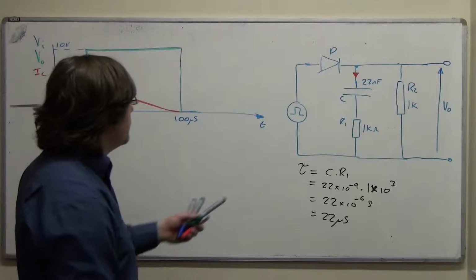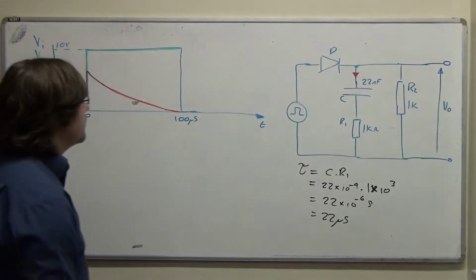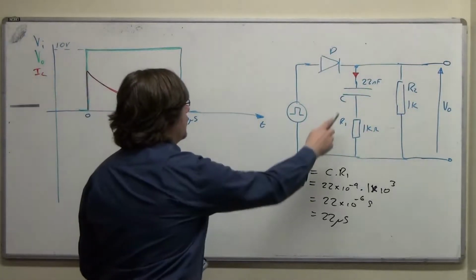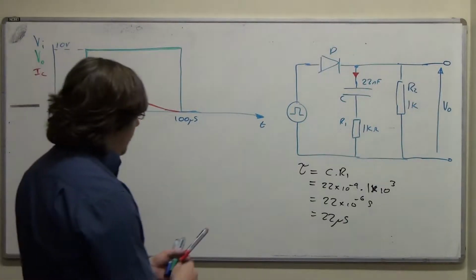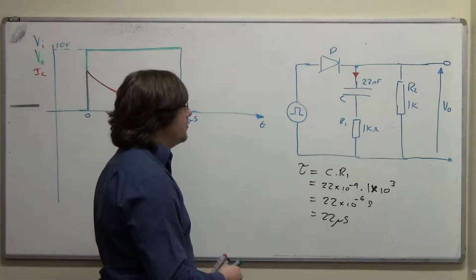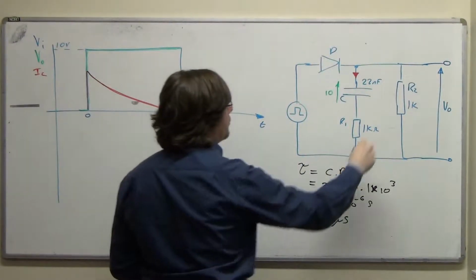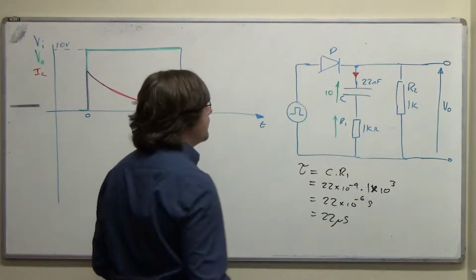Now, as soon as we remove the pulse, the diode will stop conducting, and the output voltage will be derived from whatever C is charged up to, and half of the voltage that's on C will end up across V out, and half of it will end up across here.